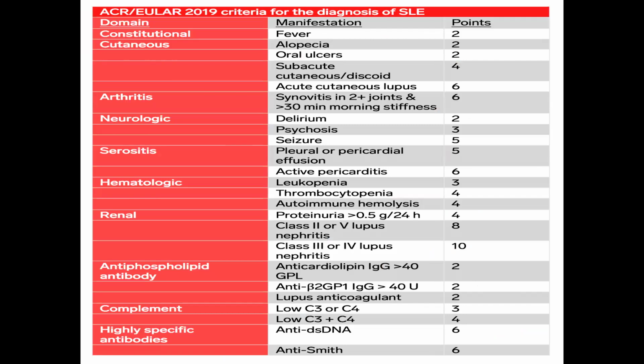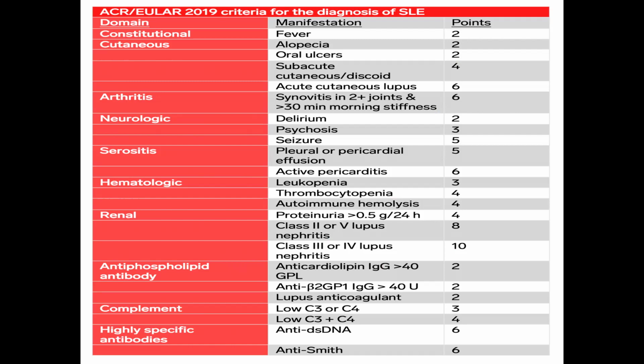This is basically the ACR EULAR 2019 criteria for diagnosis of systemic lupus. Constitutional, fever. Cutaneous: alopecia, oral ulcers, subacute cutaneous or discoid, acute cutaneous lupus. Arthritis: synovitis in 2 or more joints, more than 30 minutes of morning stiffness.